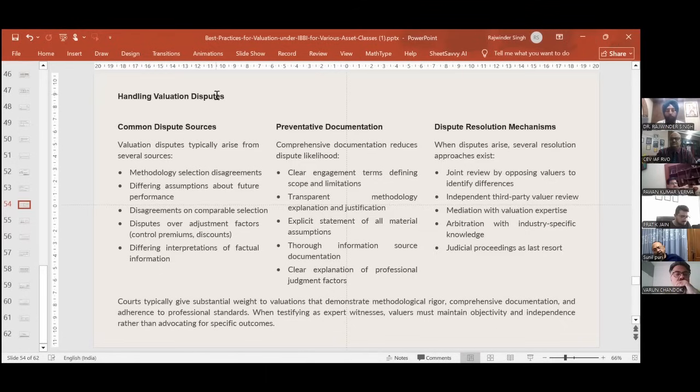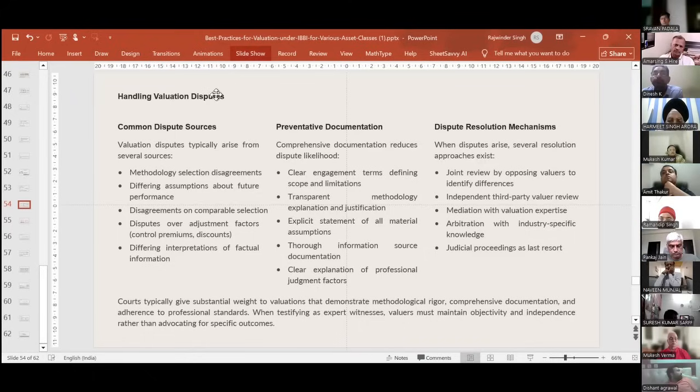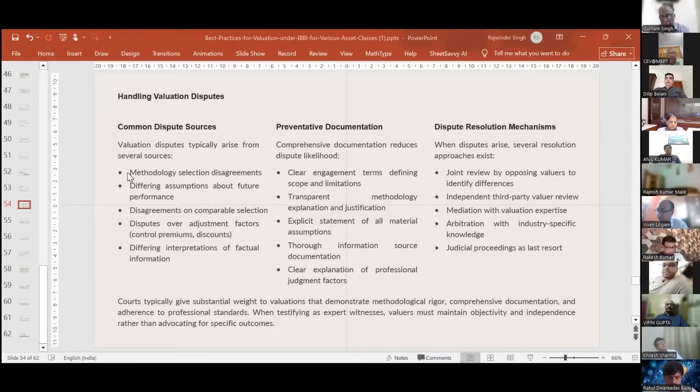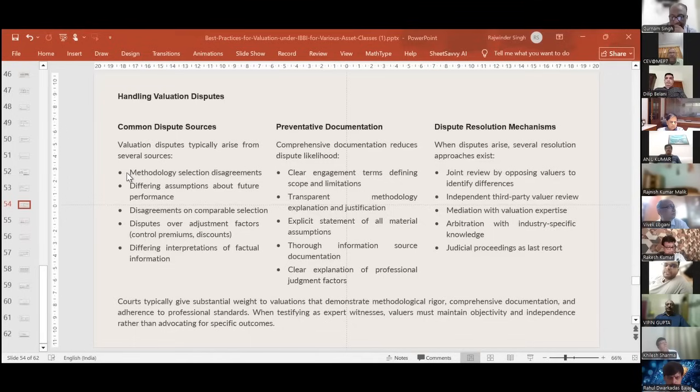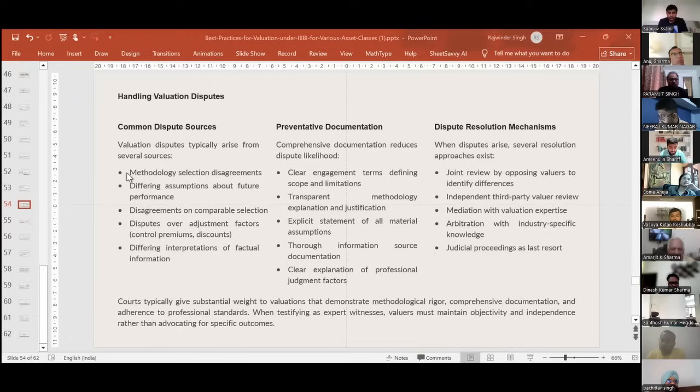So first you should know the common dispute sources. Valuation disputes typically arise from several sources. First, the main problem is methodology selection disagreement. One valuer may be using the income approach, a second valuer the cost approach, and a third valuer the market approach.